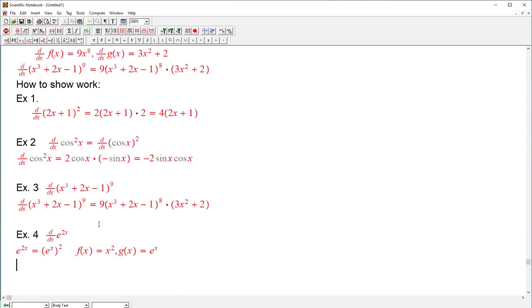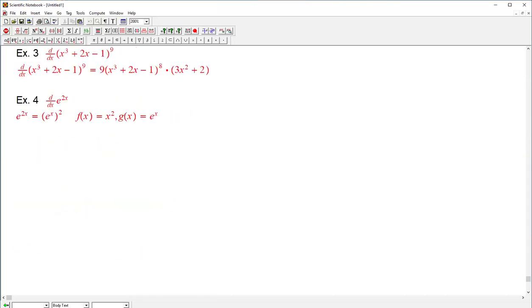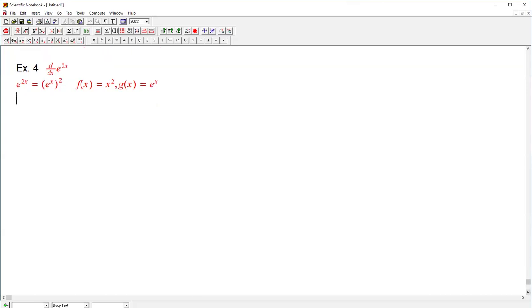Before we get to the other way, if you see it as such, when we differentiate this function, you would differentiate it as e to the power x, squared.